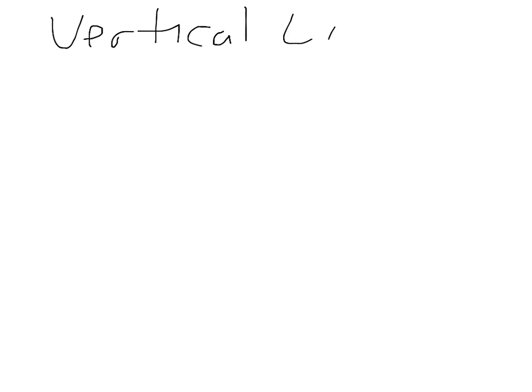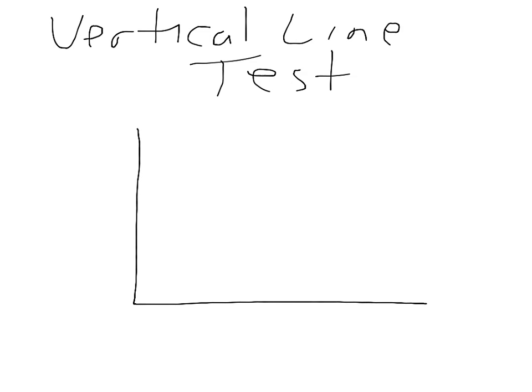The vertical line test. And in here, what we do is we look at a graph. And it could be very simple like that. And what you actually do is you take a line, which I can't get right now. Hold on. Let me see if I can get a line here.